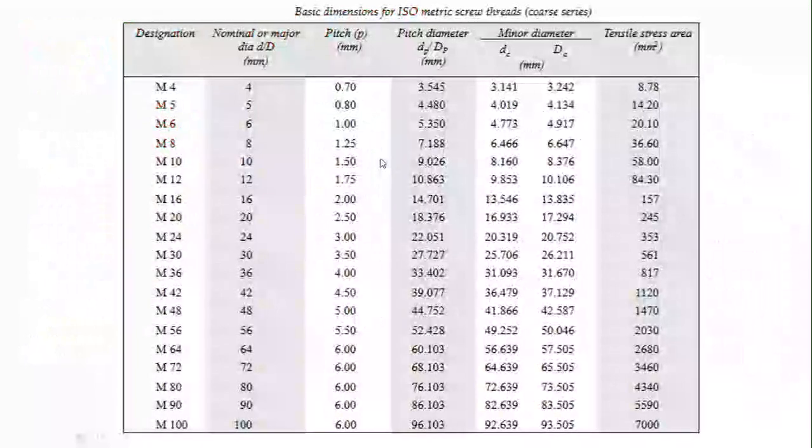Let's see the table. This is the basic dimension of the thread. This is the core series, denoted by M, coming under the nominal diameter: M4, M5, M6.